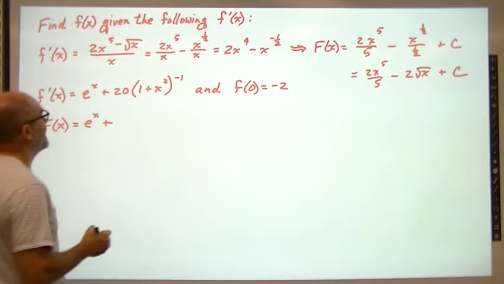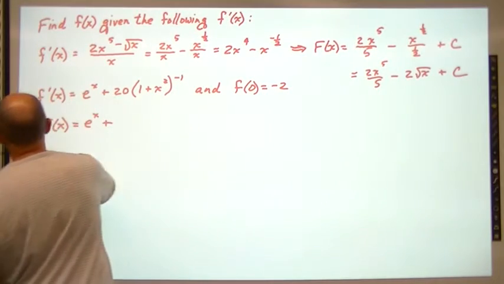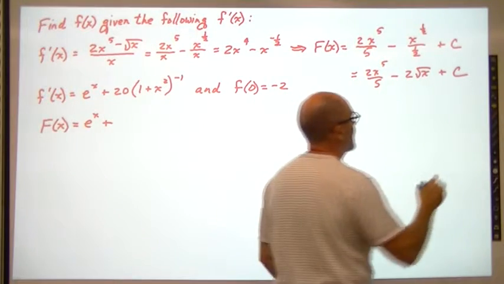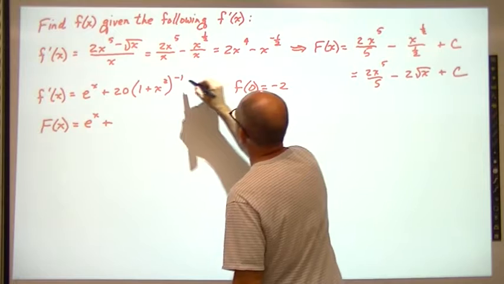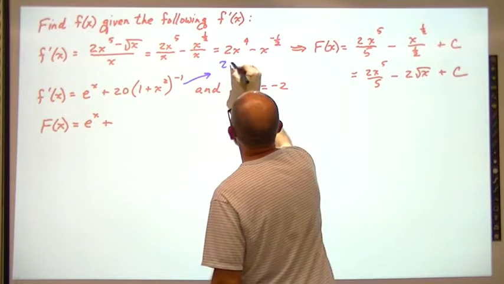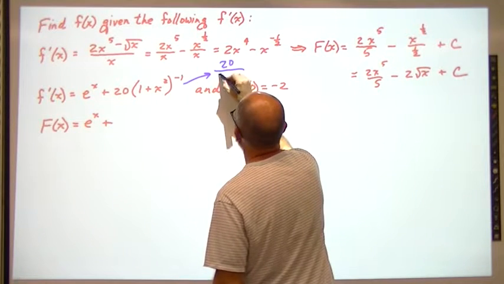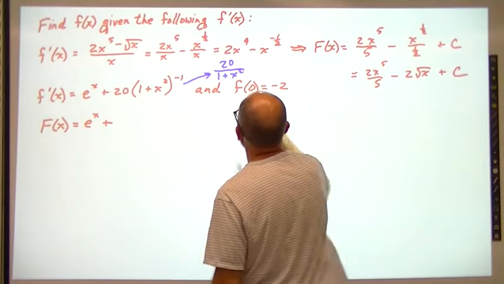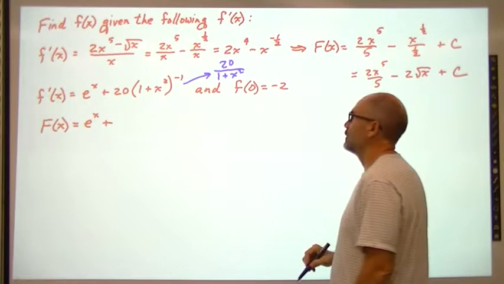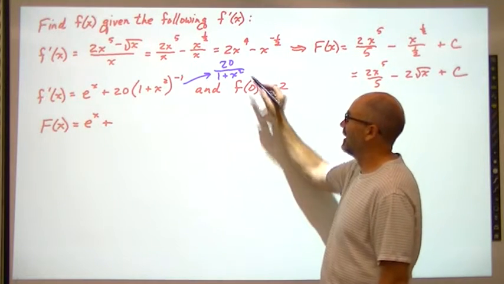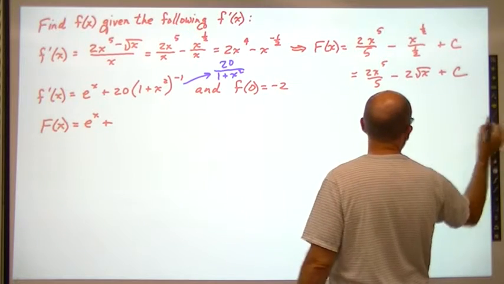Now, what's the antiderivative of 20 times 1 plus x squared to the negative 1? Well, this really is 20 over 1 plus x squared. Do you remember seeing something like that?